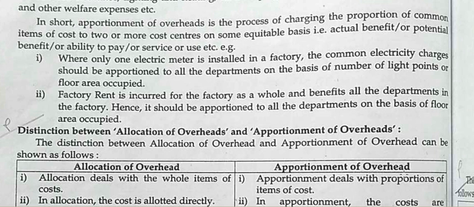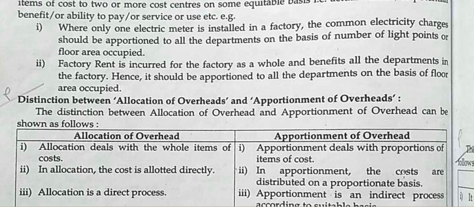Equitable basis means some basis on which it is apportioned: actual benefit or potential benefit, ability to pay or services used, etc. Where only one electric meter is installed in a factory, the common electricity charges should be apportioned to all the departments on the basis of number of light points or the floor area occupied.